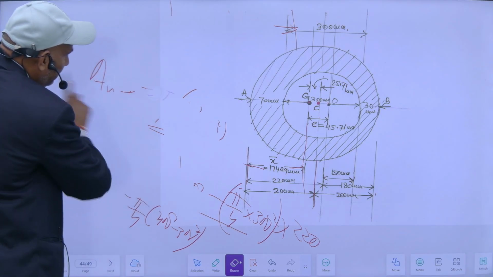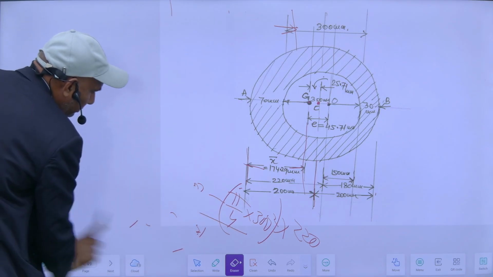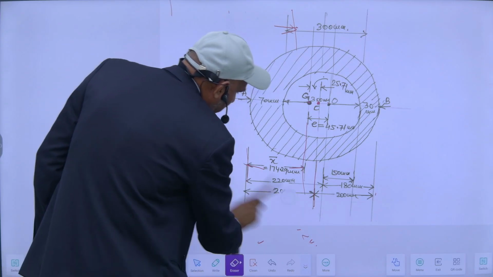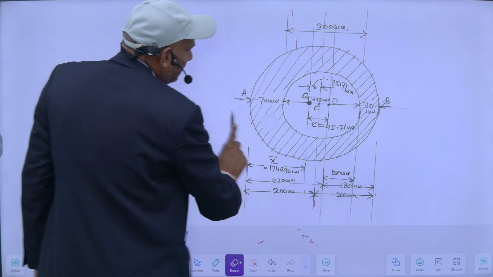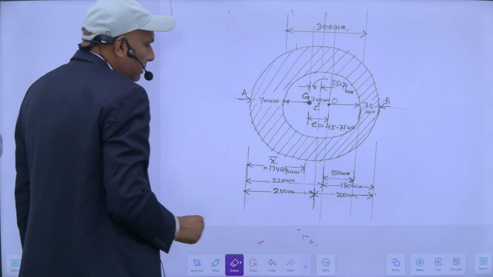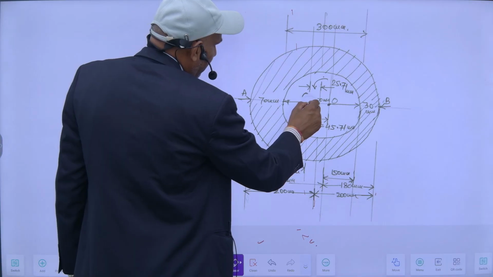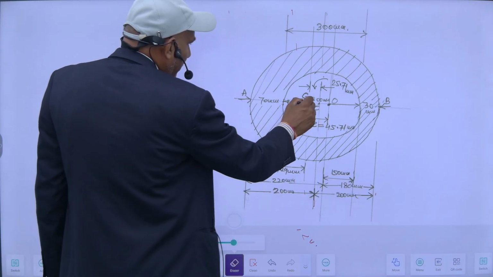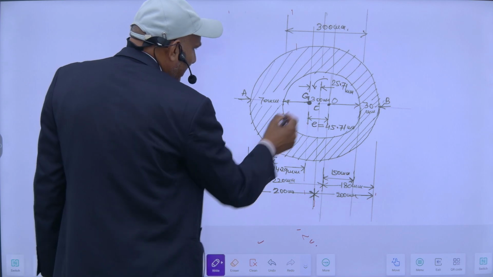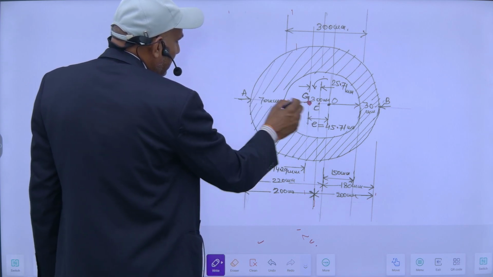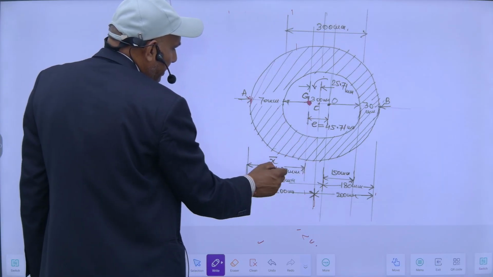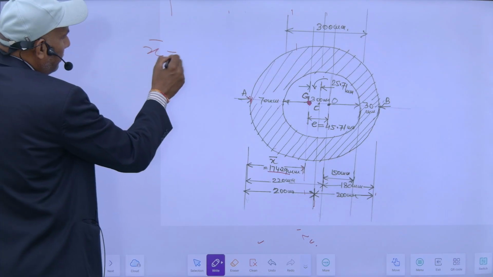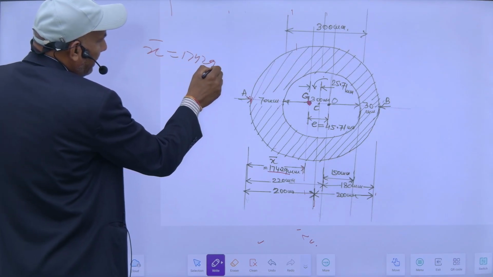So my x bar is, so I got the position of the centroid. So this G, the distance of the centroid from this A point is this much, x bar, it is 174.29 mm.